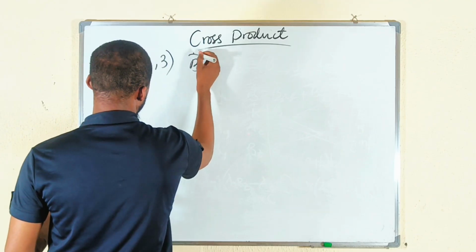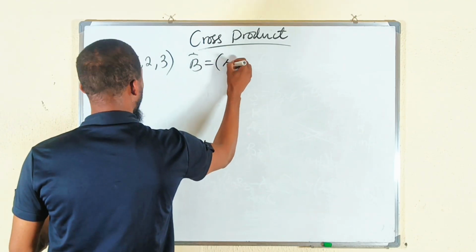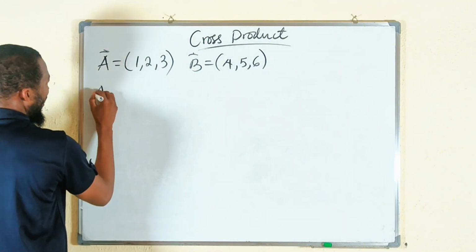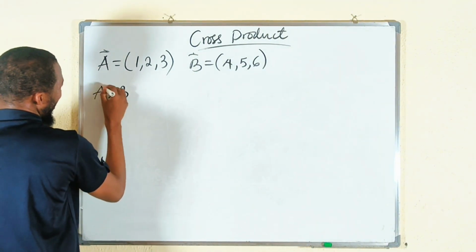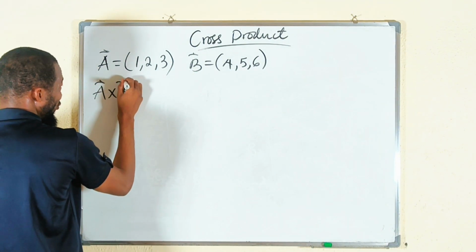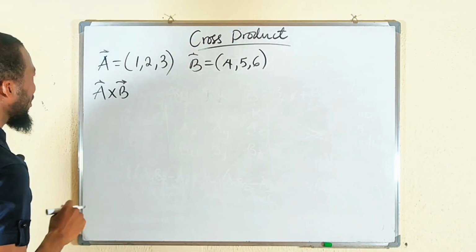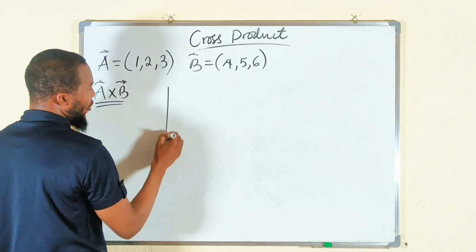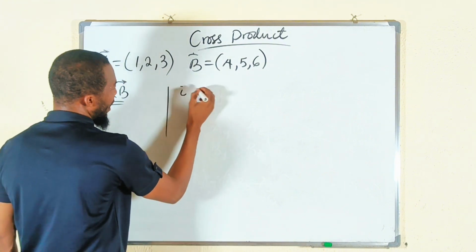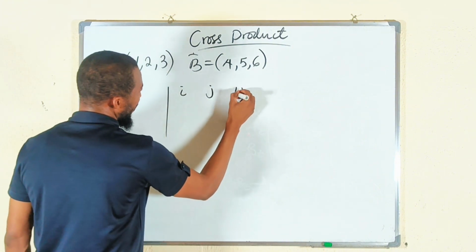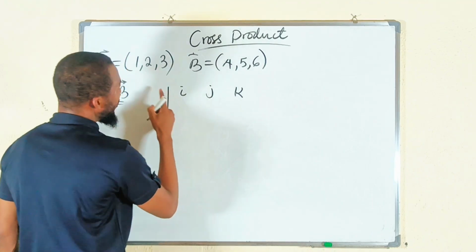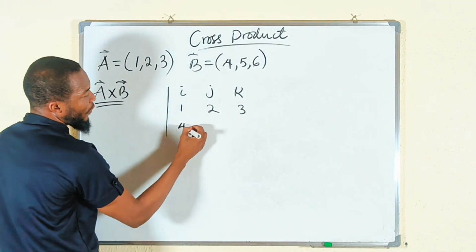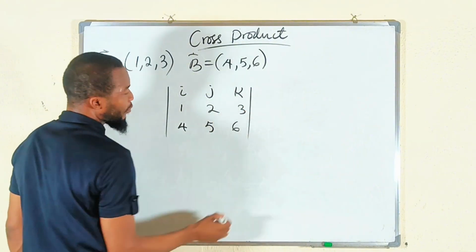Then B with these components 4, 5, 6. What is A cross B? I'm going to find B cross A to show you that they are negatives of each other. So to find this, you have to form your determinant i, j, k. You bring the components 1, 2, 3 here, 4, 5, 6 right here.